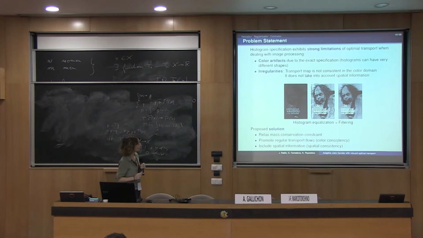As I said in the beginning, using optimal transport directly to transform the histogram of one image into another has strong limitations. First, we're going to generate a lot of color artifacts because the map is not regular. And this is what happens here.